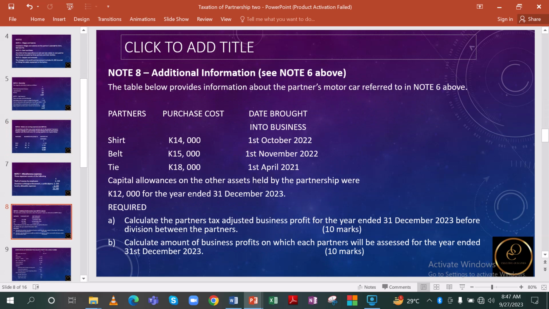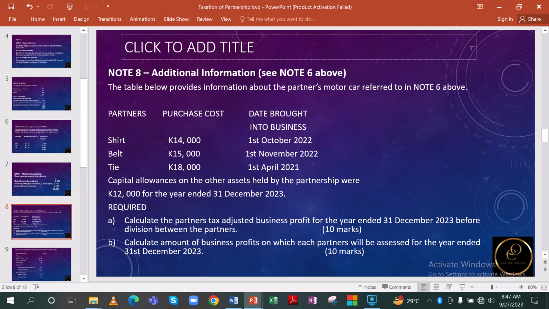Here, note number 8, we are told that Shed acquired a car on 1st October 2022, but we are in 2023. Then Belt acquired this car on 1st November 2022, we are in 2023. Tie acquired it way before, on 1st April 2021.